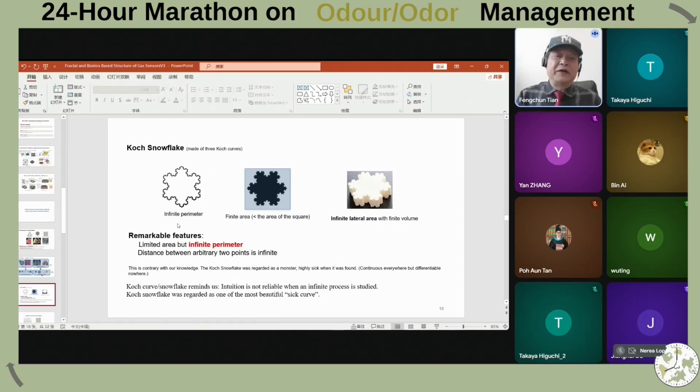The Koch snowflake is one of the fractal geometry, which has infinite perimeter theoretically, but the area is finite. We can say that the area of this geometry is less than the area of the square, and we can use this as a bottom of the cube to make a shape of the gas sensor, which has the infinite lateral area.